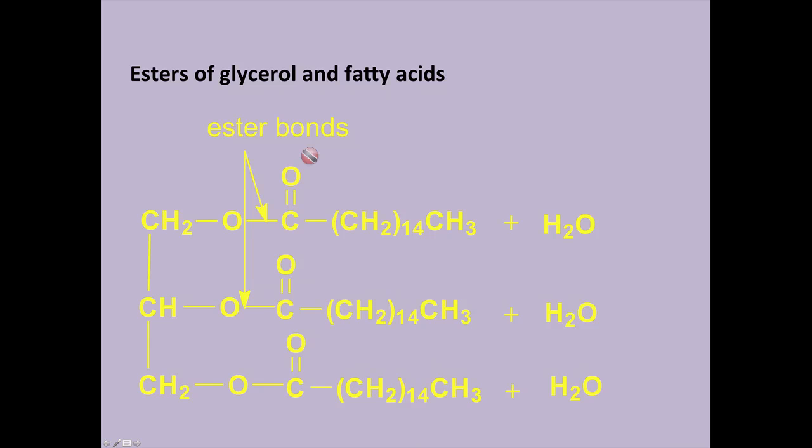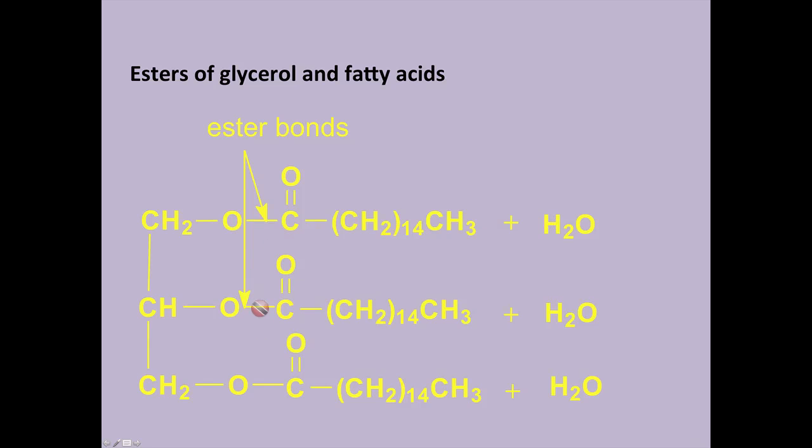And when a carboxyl group reacts with a hydroxyl group, the linkage that is formed is called an ester bond. Now, you're seeing that water is being released for each ester bond that is being formed. So, 3 ester bonds are going to be formed, and for each ester bond being formed, 1 molecule of water is being released.